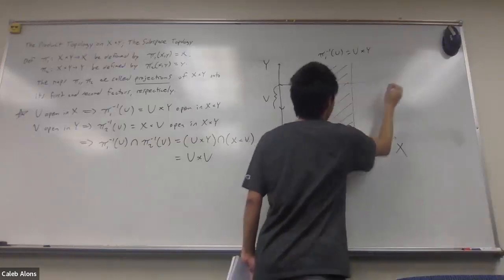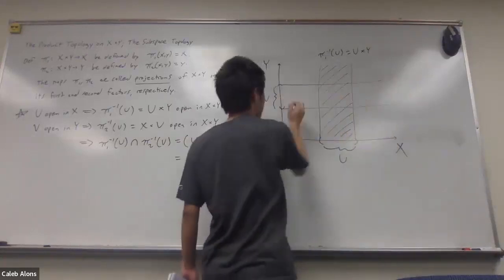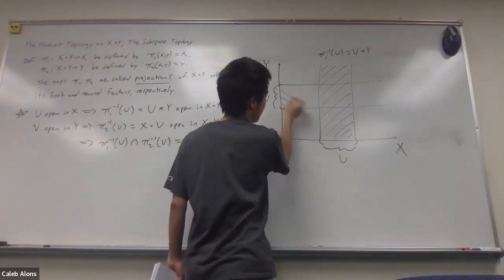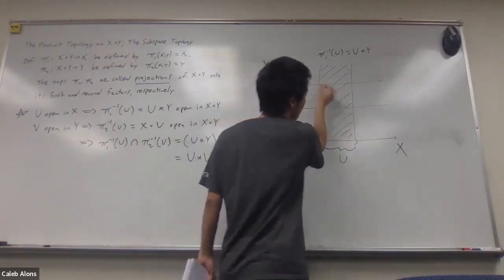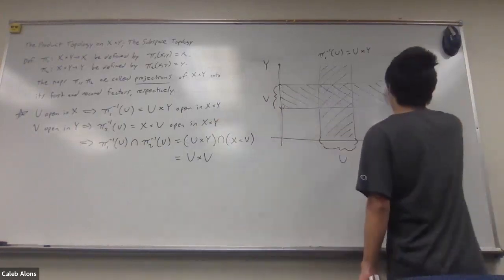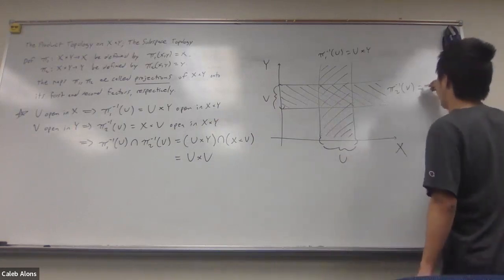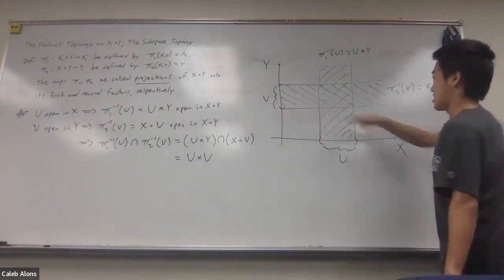So this is now the inverse image P2 for V, which is X cross just V.